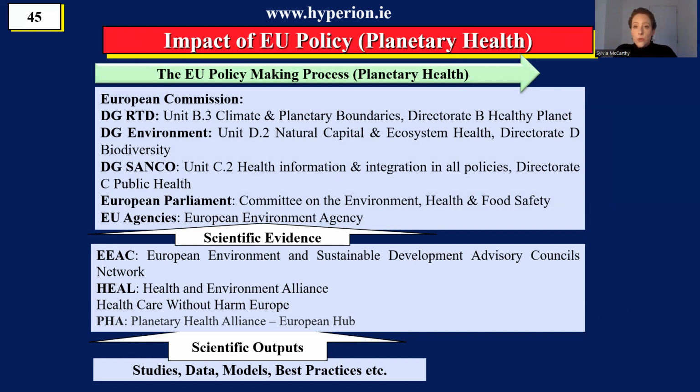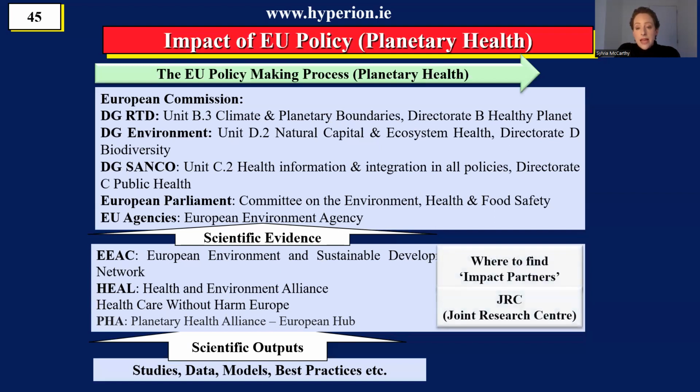These are the expert groups that were already consulted by the European Commission when writing this topic within Pillar 2, within Cluster 6 of Pillar 2. They understand the scientific outputs and they understand how to translate them into scientific evidence for the policymakers. You can also have the Joint Research Centre here as a potential impact partner.